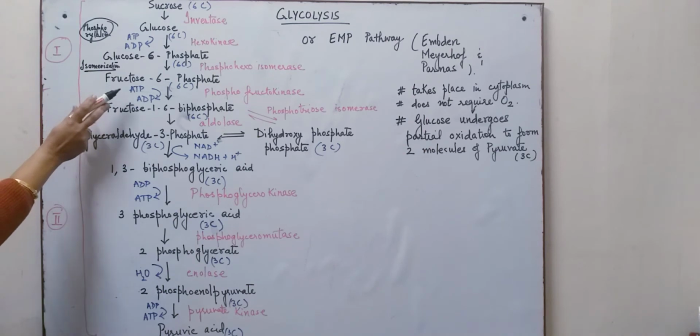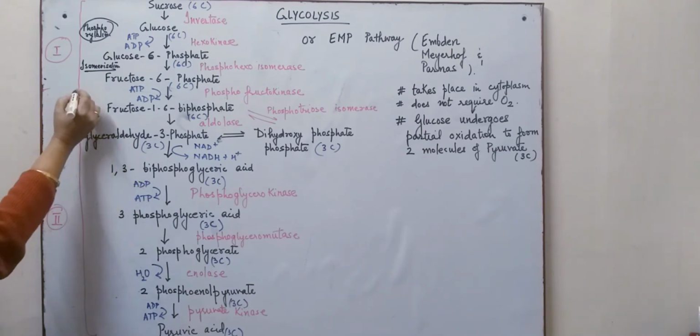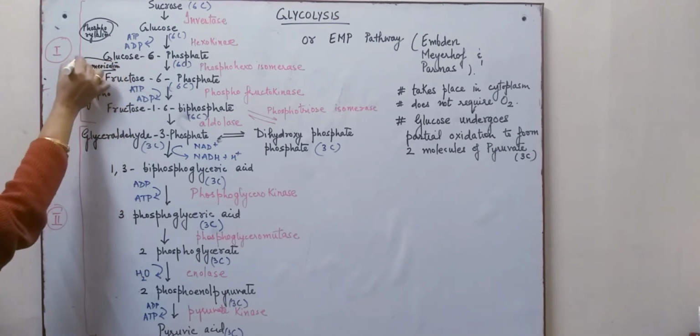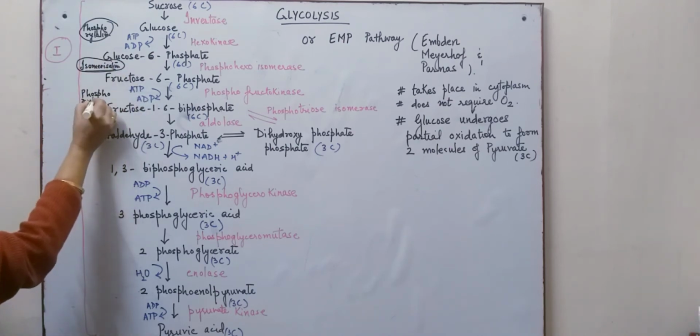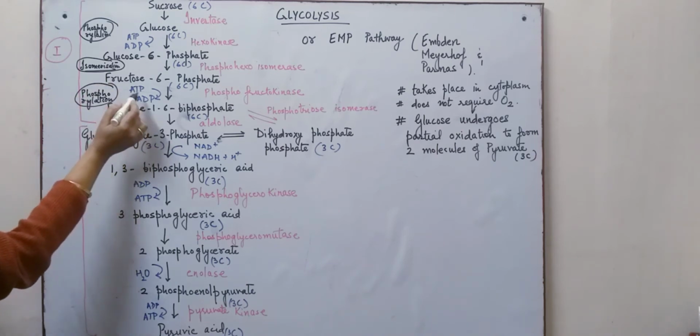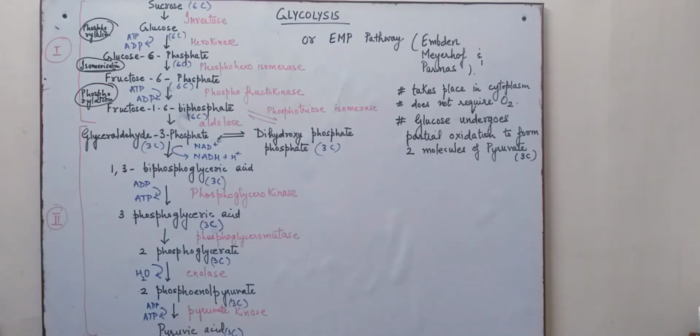This fructose 6 phosphate undergoes phosphorylation again. So this is isomerization, and this is the second phosphorylation. And again here the ATP will be utilized, and in presence of enzyme phosphofructokinase, the fructose 6 phosphate gets converted into fructose 1,6 biphosphate.